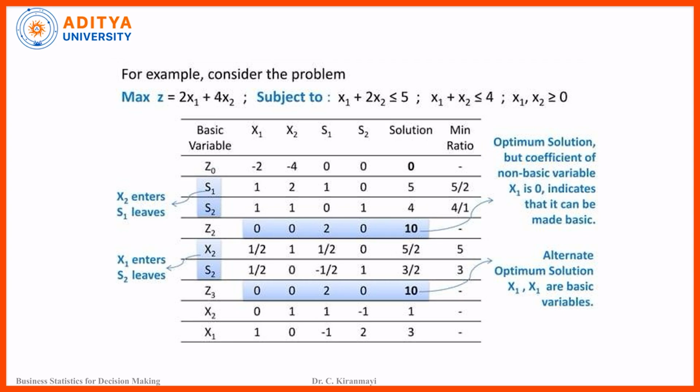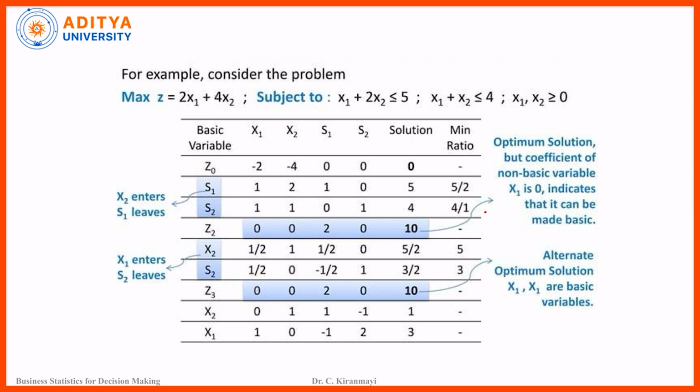If we proceed to the next iteration, this is also a kind of optimum solution, since all the net evaluations are positive, yet we still have zeros for the non-basic variables in the net evaluations row. So this indicates that the linear programming problem has multiple alternative solutions.